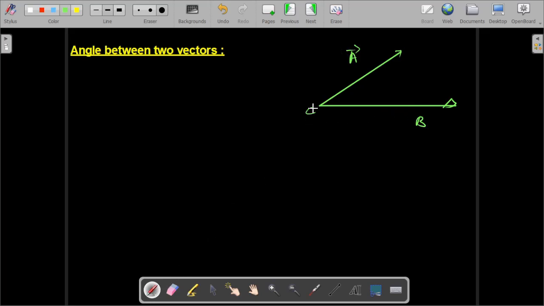This direction, this direction. Here, this angle denotes the angle between these vectors. This is the angle between these vectors. Suppose they are not acting from the same origin point.